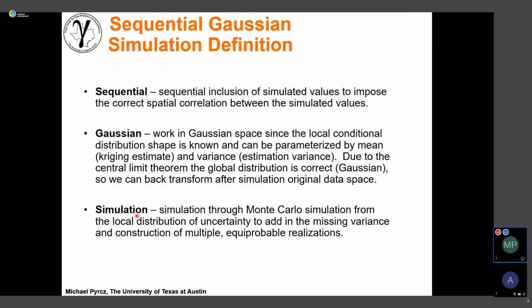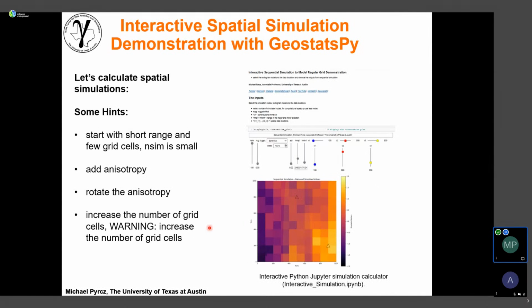Monte Carlo simulation is the simulation aspect. We're going to draw randomly from local distributions of uncertainty to add in the missing variance, to get the right distribution of uncertainty globally, and also to build multiple realizations. It's Monte Carlo simulation. That's why we say simulation.